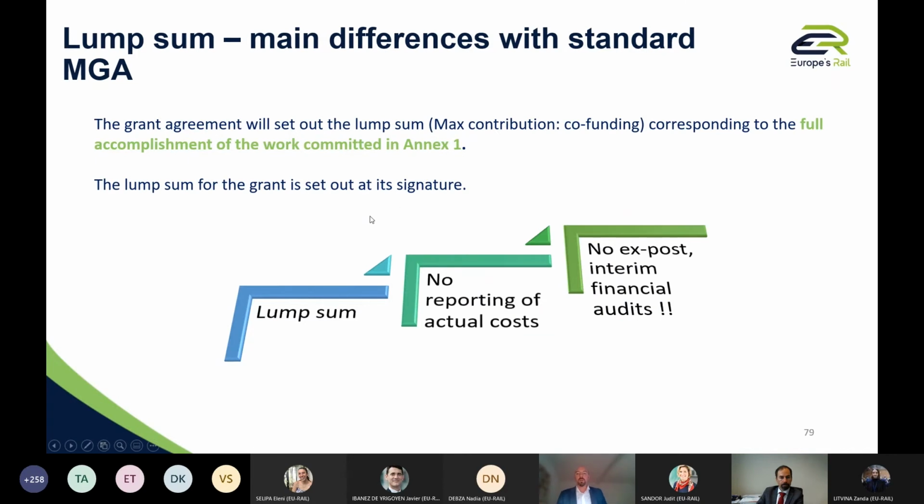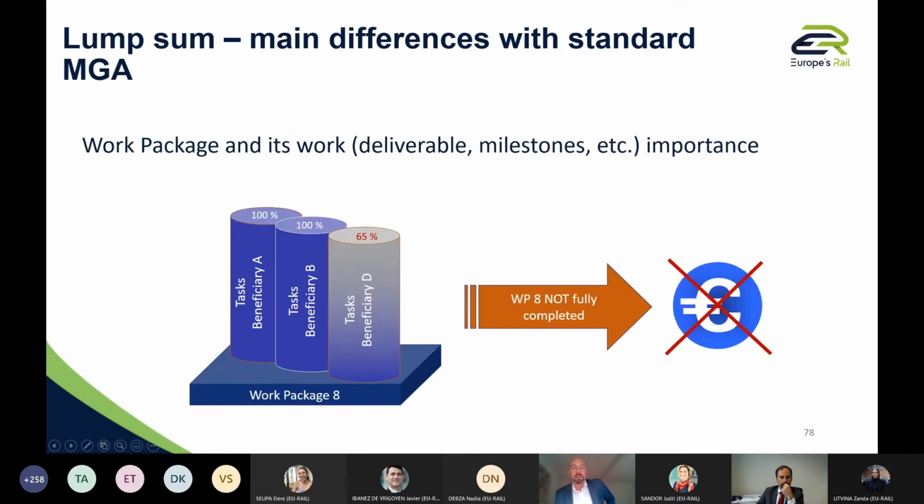Okay, so what we are implementing now is we're talking about lump sum. So the main difference with standard grant agreement is that lump sum gives the focus on work package and delivery. So we focus on the importance of the work package and the delivery.